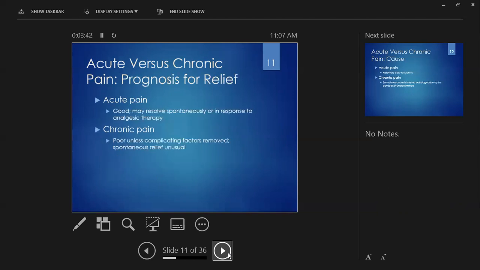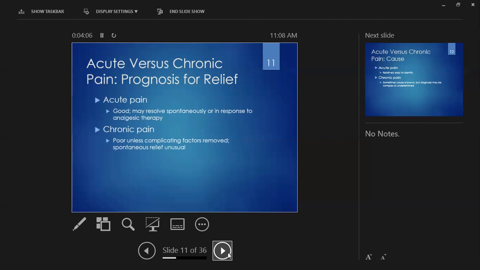Prognosis. With acute pain, we have a good prognosis. These people usually recover well. That pain may resolve spontaneously or after we give medications or do other kinds of therapeutic interventions. Chronic pain actually has a poor prognosis because the complicating factors, whatever's going on to cause the chronic pain, is hard to remove.